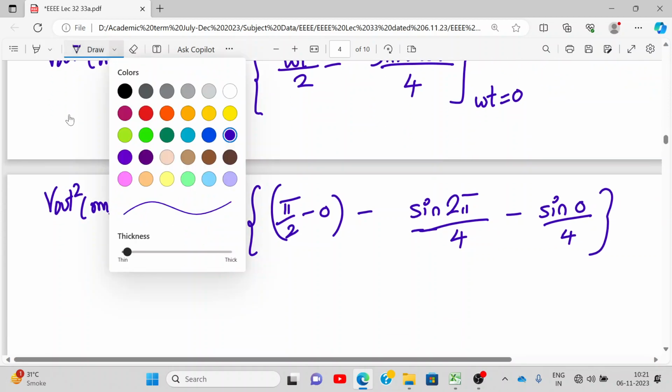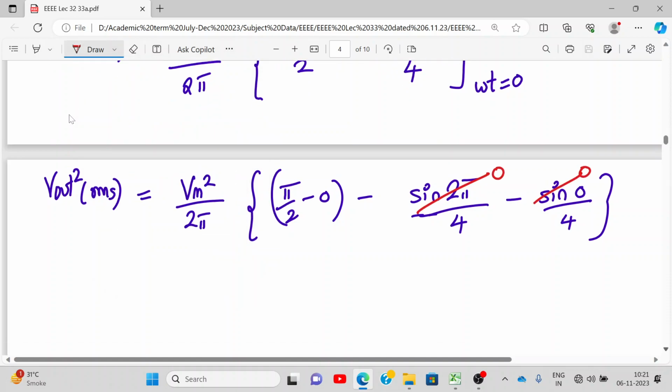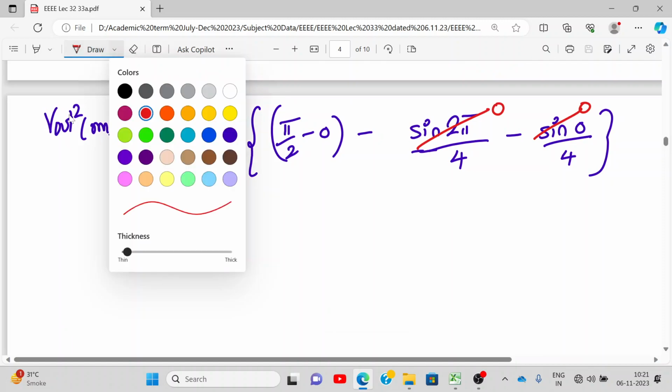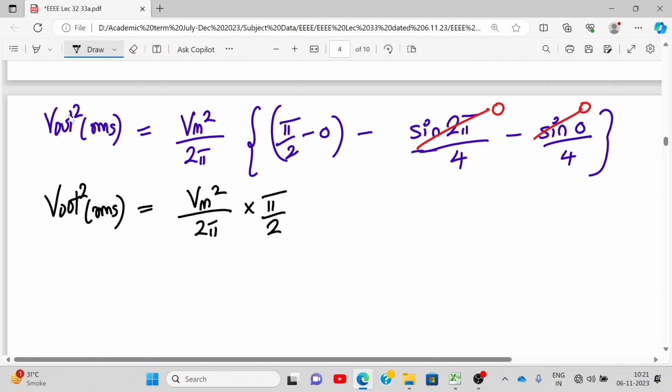Tell me what is sine pi, sine 2 pi? 0. Sine 0, 0. So V out square RMS will be Vm square upon 2 pi into pi by 2, which will be Vm square by 4.